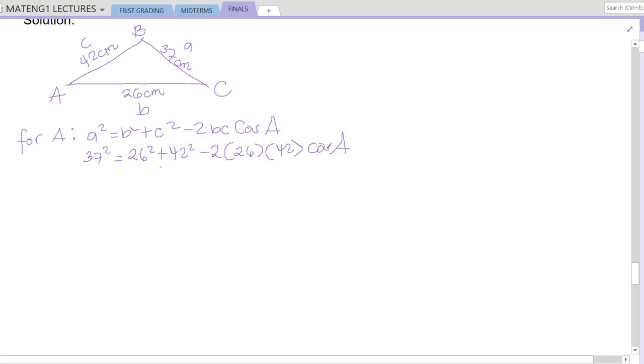So we transpose this part to the left side of the equation. It will become 2 multiplied by 26 multiplied by 42 cosine of A, and that is equal to what remains there, 26 squared plus 42 squared. Then transposing 37 squared to the right side, it will become negative 37 squared.